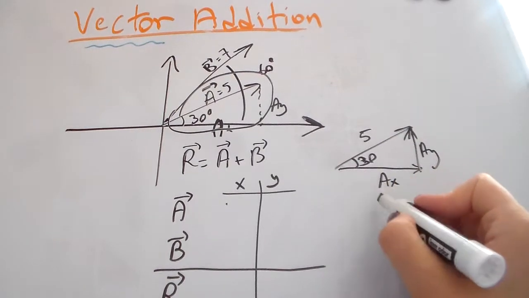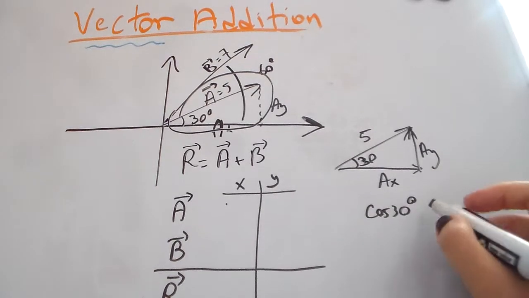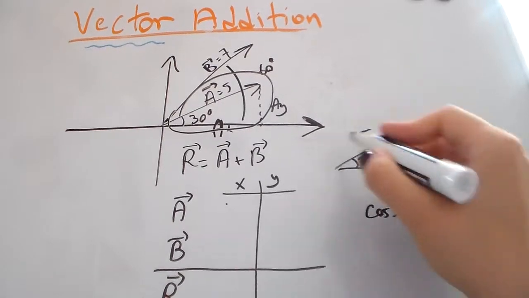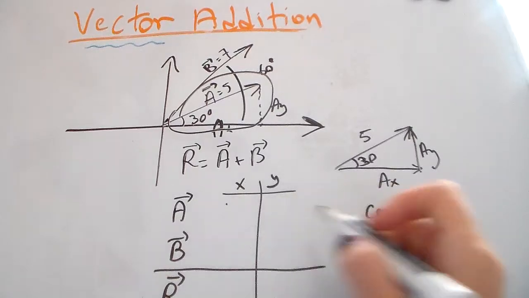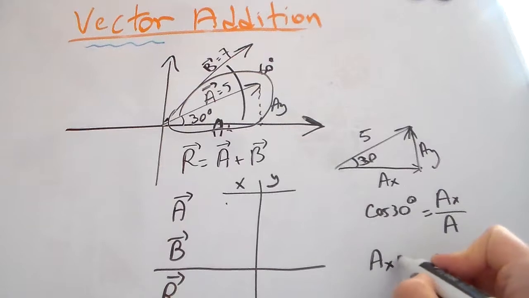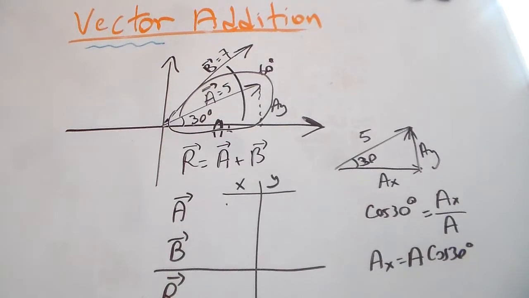If you take a look at this triangle, you'll see that cos of 30 degrees is equal to adjacent over hypotenuse, which is A. So if I want to rewrite AX in terms of A itself and the cosine, then AX would be A cos 30 degrees. Does that make sense?